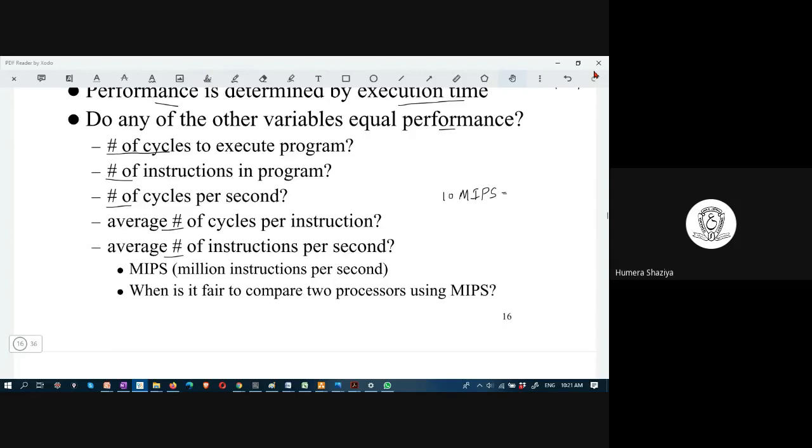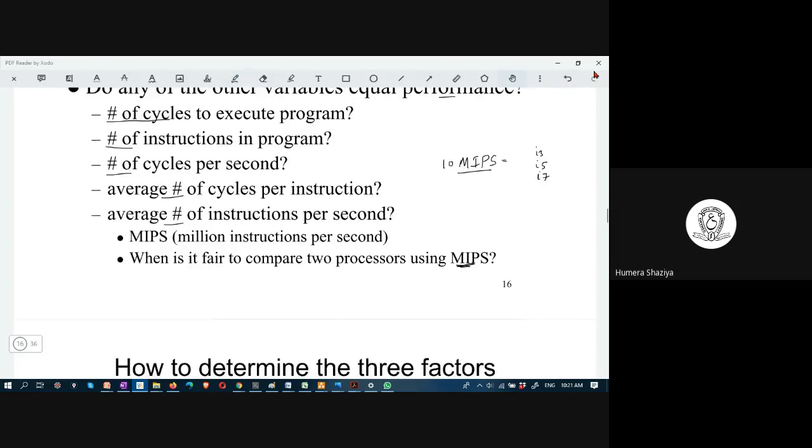Another question is when it is fair to compare two processors using MIPS. Consider there is a processor i3, a processor i5, and a processor i7. When is it fair to compare these different processors using MIPS, million instructions per second?